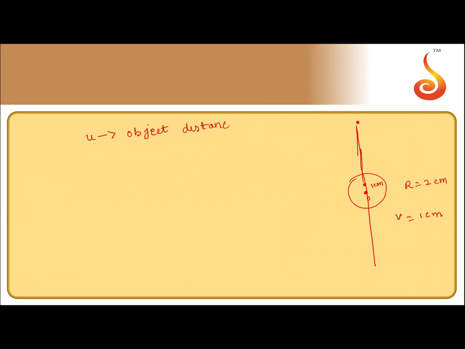We know that n2 by v minus n1 by u is equal to (n2 minus n1) by R. Upon substituting everything we get 1.5 by 1 minus 1 by u is equal to (1.5 minus 1) by 2. So this gives us u is equal to 0.8 centimeters.